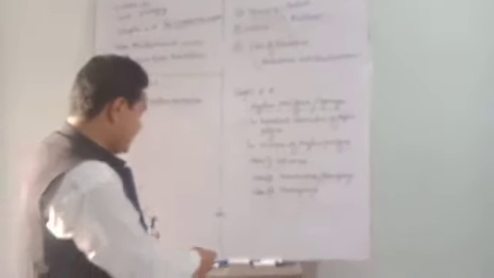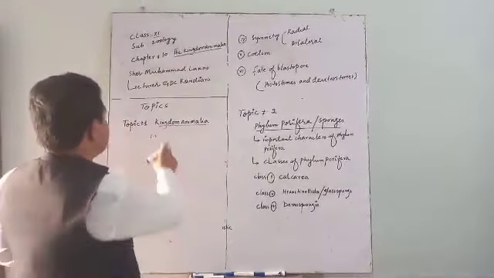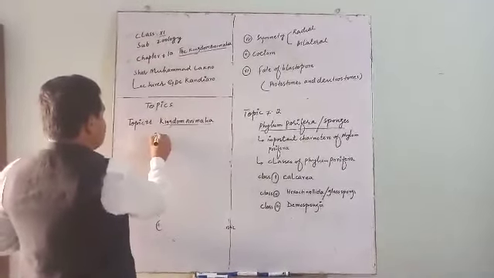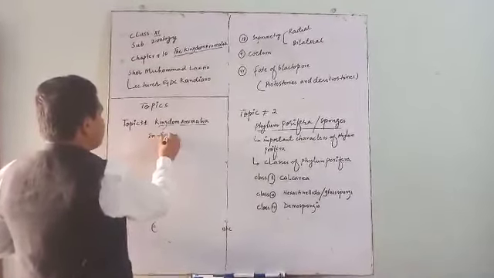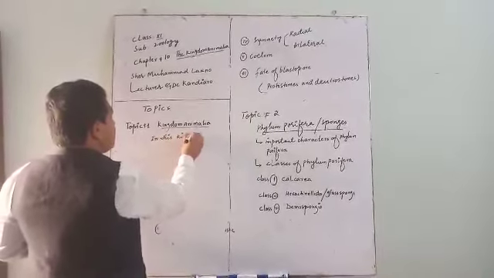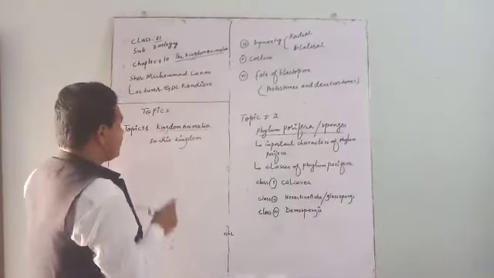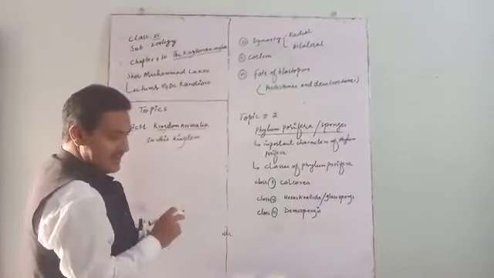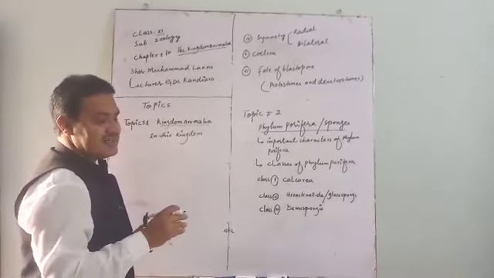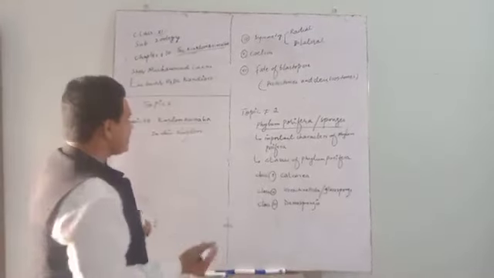So I am writing here some characters of kingdom Animalia. You should keep in your mind that kingdom is only related to living organisms. It is a rank of classification. It is a category of the classification.